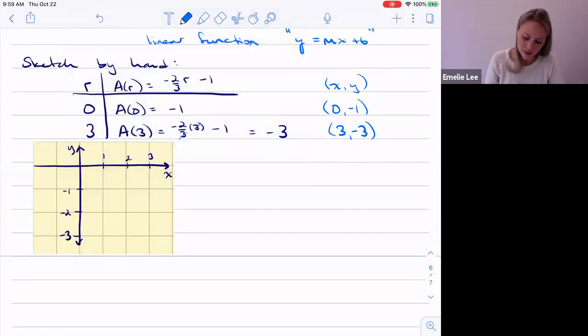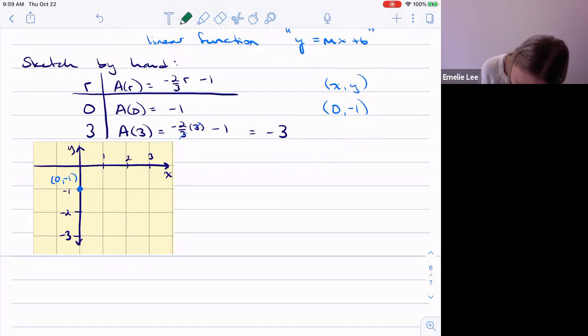So my first point is at x equals 0, y is negative 1. So here at x equals 0, 0, negative 1 here, and then maybe I'll do these in green, 3, negative 3. When x is 3, y is negative 3.